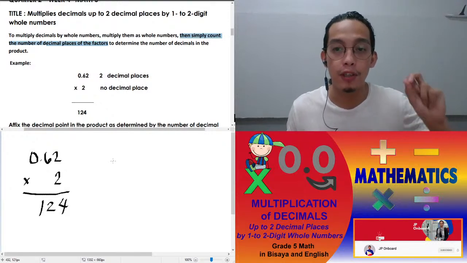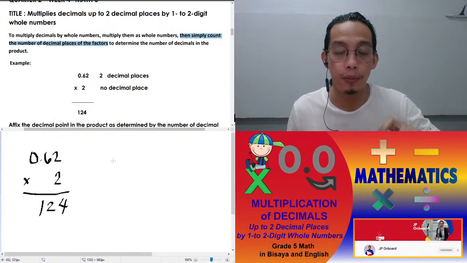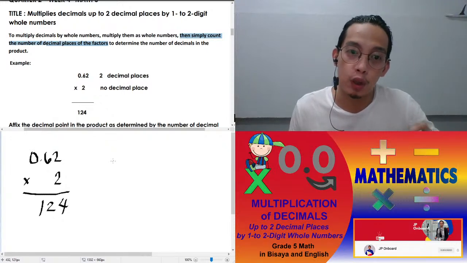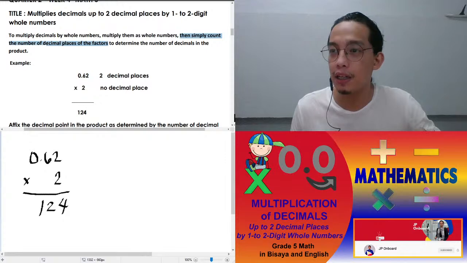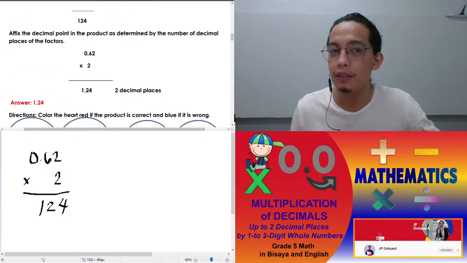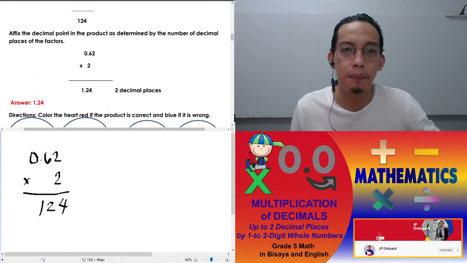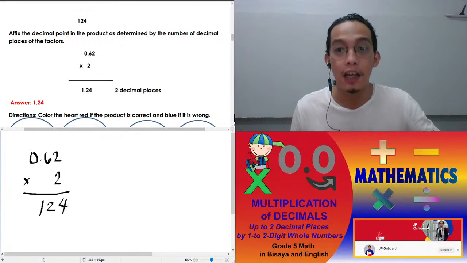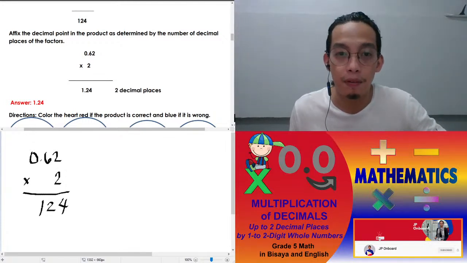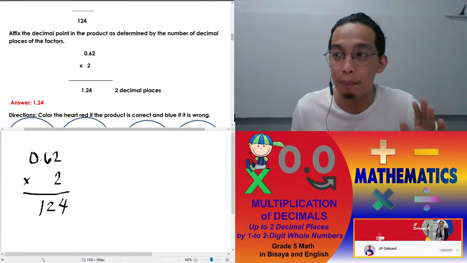Then, affix the decimal point in the product as determined by the number of decimal places of the factors. So natay two decimal places from our factors, and we will place the decimal point in the product.